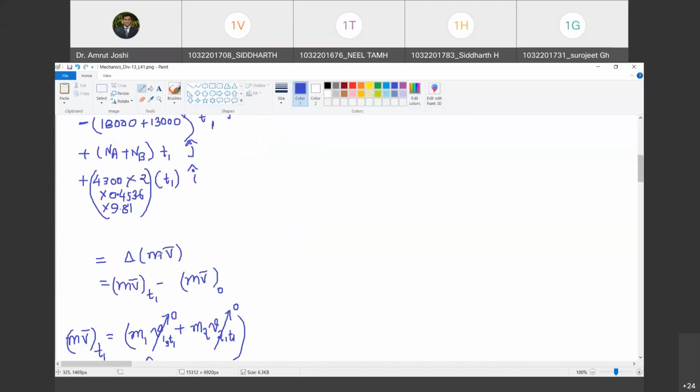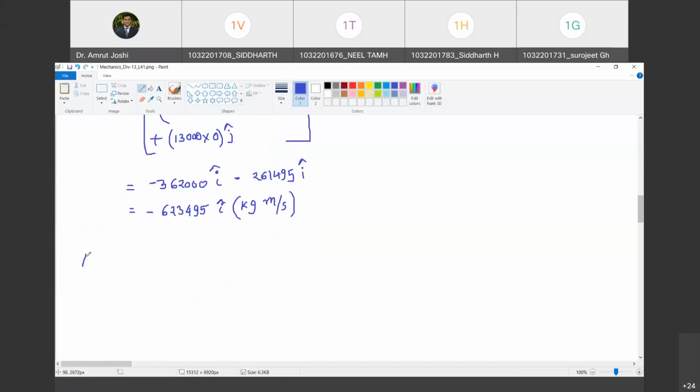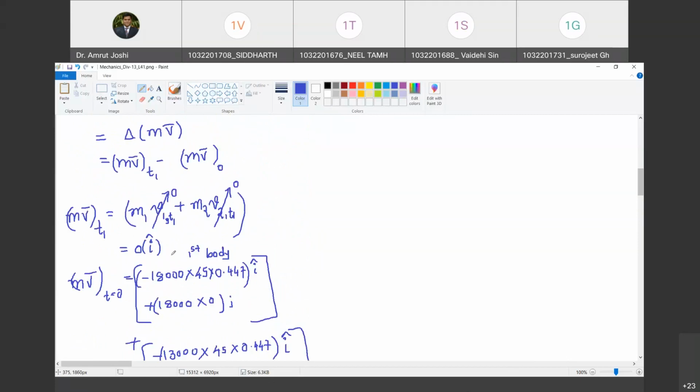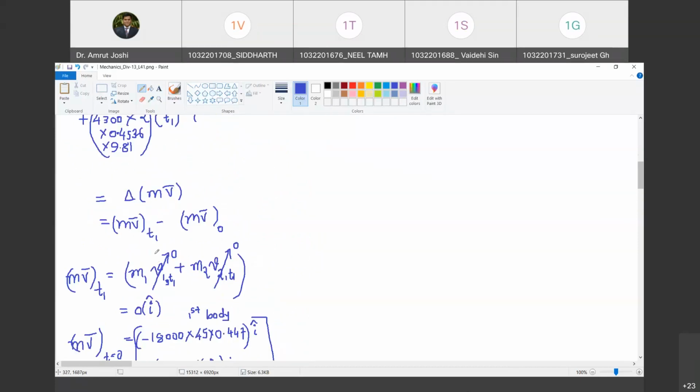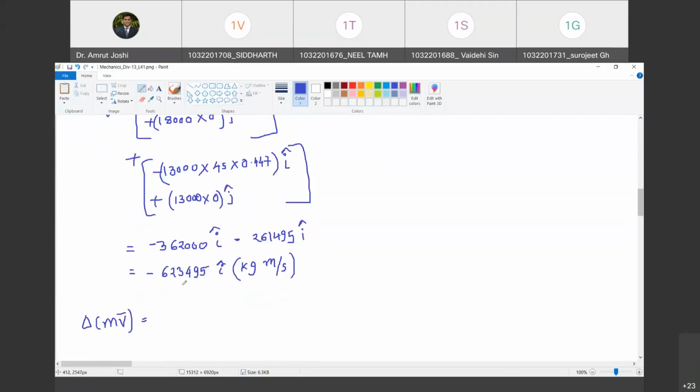Let me write down delta mv, that is the change in momentum. Mind you, this is a vector quantity and it is mv bar at time instant t1, minus mv bar at time instant t equal to 0.